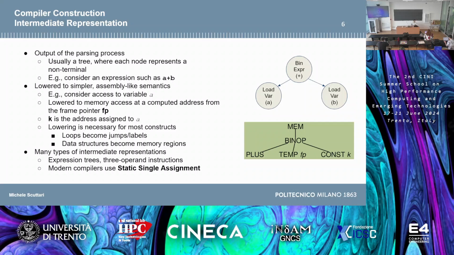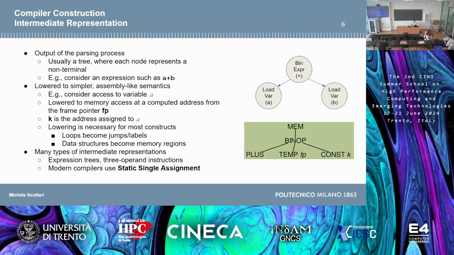It is a one-to-one map of the source language, and we said that we want something that is at an equal distance from the source and the backend and the target language. Furthermore, some of these constructs are obviously very high level. They represent elements that are not part of the target construction.